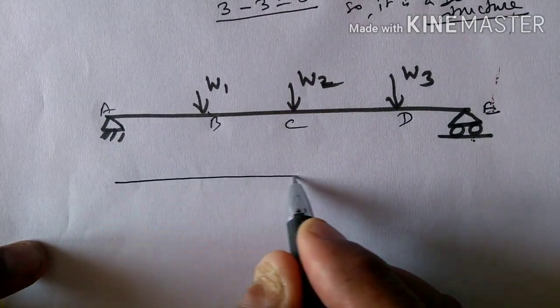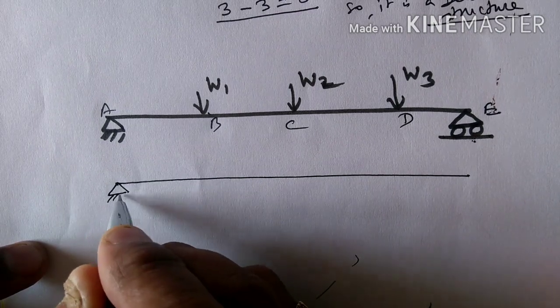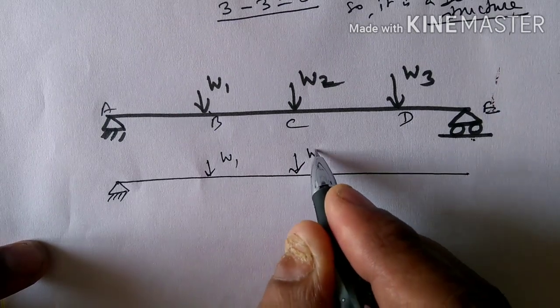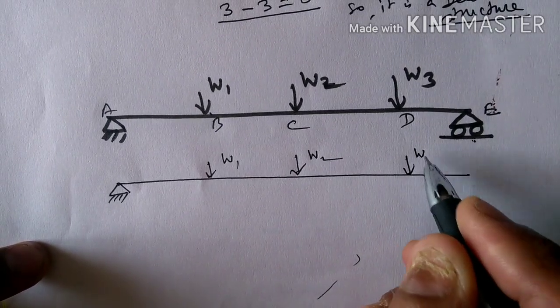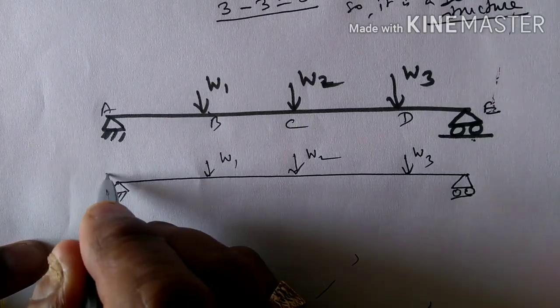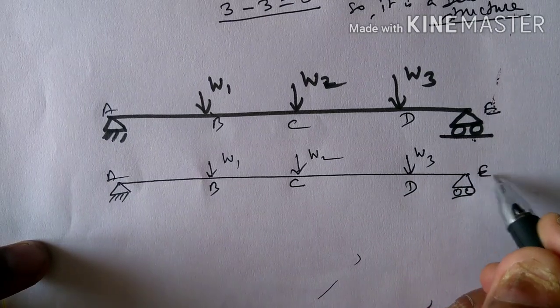This is the hinge, W1, again draw W2, again draw W3, and this is on the roller support, and mark it over A, B, C, D, and E.